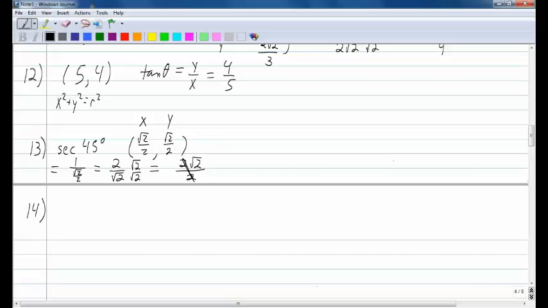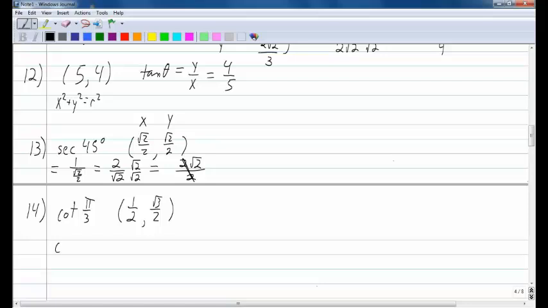All right, number 14. Cotangent of pi over 3. So we need to remember to associate the point 1/2, square root of 3 over 2 with pi over 3. That's pi over 3, or 60 degrees. So we associate that with the point 1/2, square root of 3 over 2.